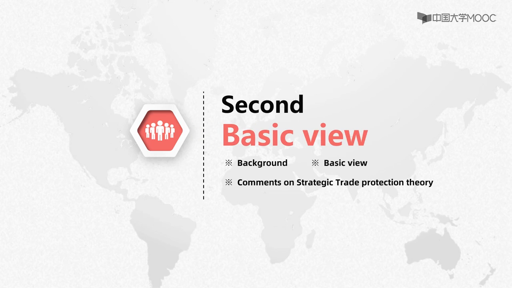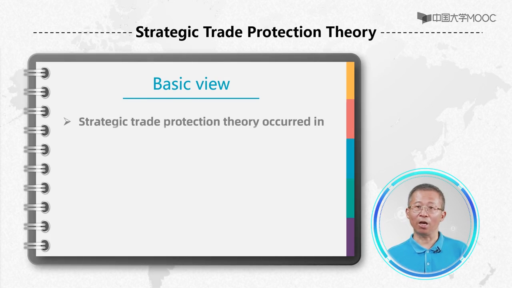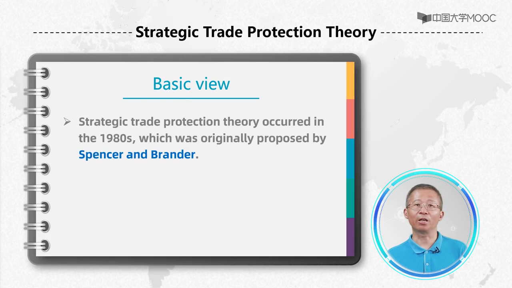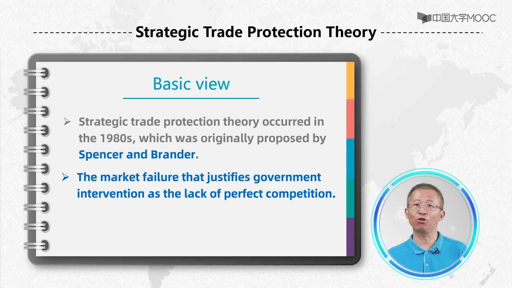Second, basic view. Under the background, strategic trade protection theory occurred in the 1980s, which was originally proposed by Spencer and Brander. This argument identifies the market failure that justifies government intervention as the lack of perfect competition.